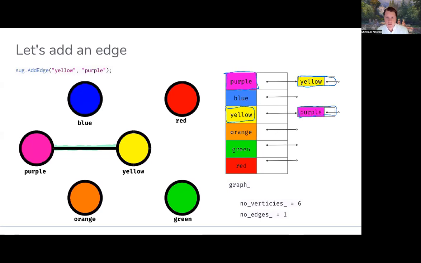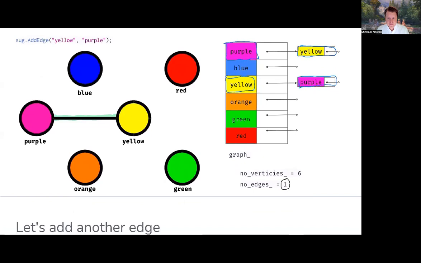We can travel from purple to yellow across the edge and yellow to purple. That's what we mean by adding an undirected edge. There's no directionality to it. And despite adding two entries to two different adjacency lists, we're still going to consider that the addition of a single edge.